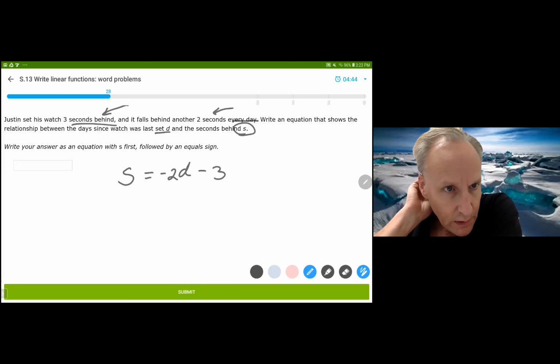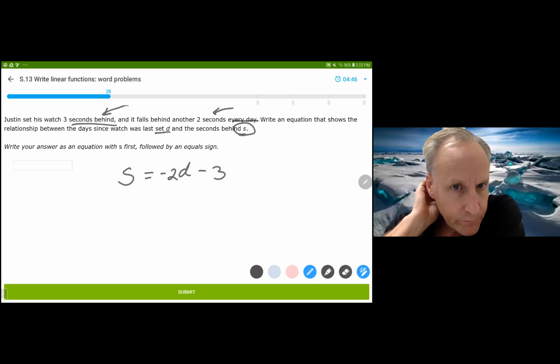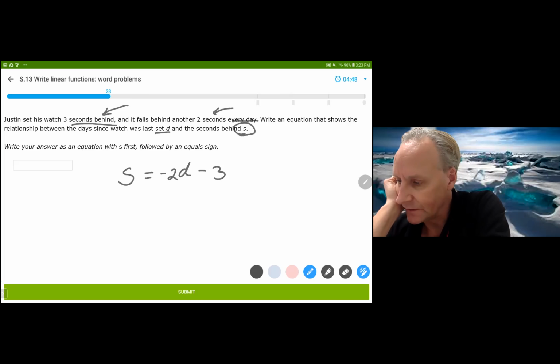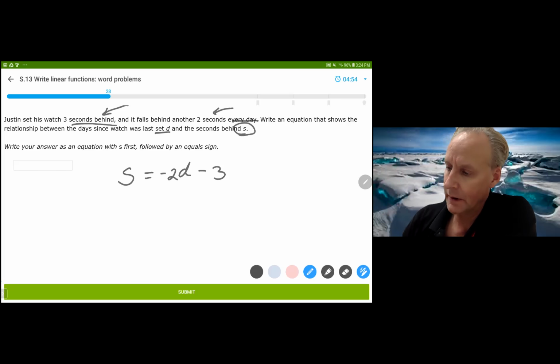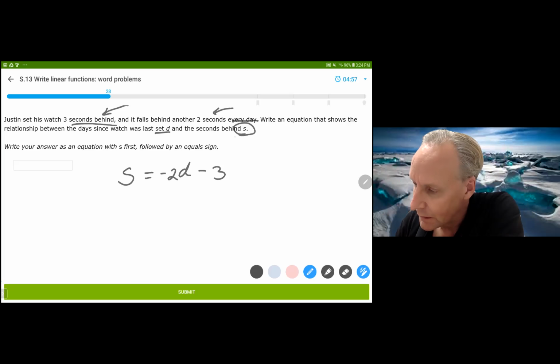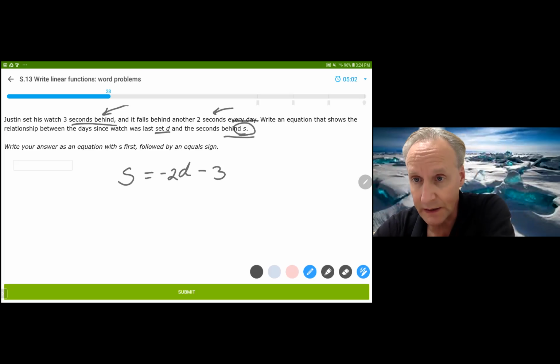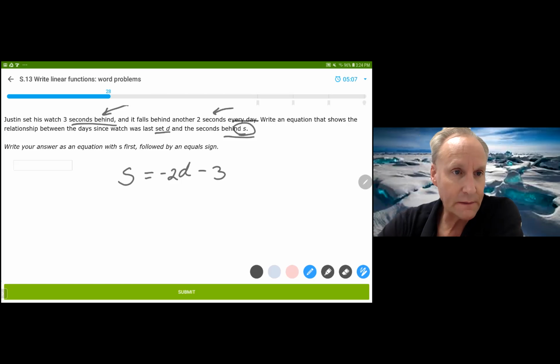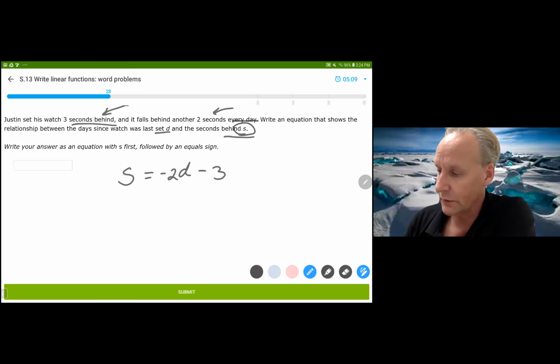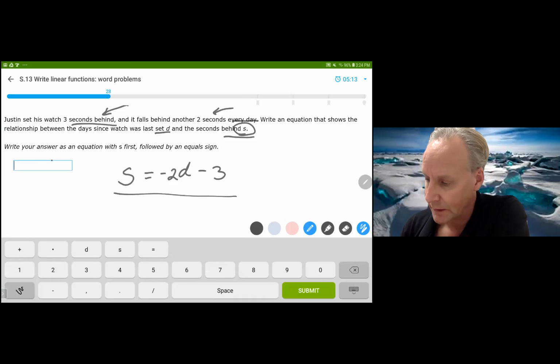Now, the problem is that we're accumulating seconds behind. So I don't know whether the S's are going to be in terms of how many seconds he's behind or that they're negative seconds. I'm thinking that they're probably going to use this negative situation. So hopefully it works.